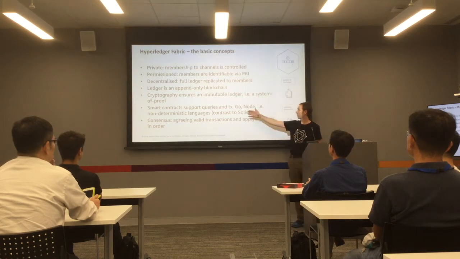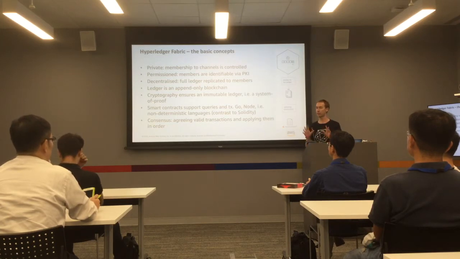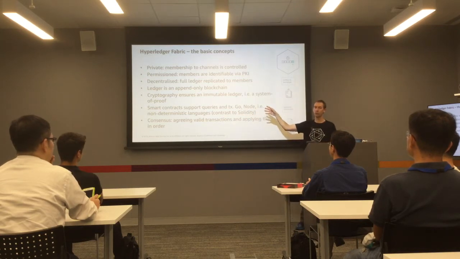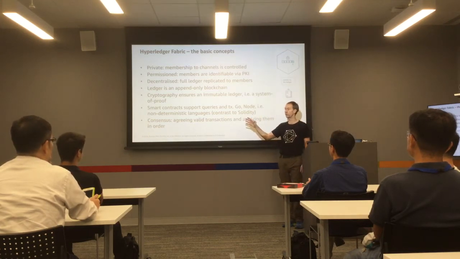We have smart contract support in Hyperledger. It's called Chaincode inside of Hyperledger, but it's the same thing. It's really a smart contract that can be executed against the data sitting in the blockchain network. Hyperledger supports Go and Node.js. These are non-deterministic languages. I'll talk about that a little bit later, just for the geeky people in the room who are interested in determinism and non-determinism.